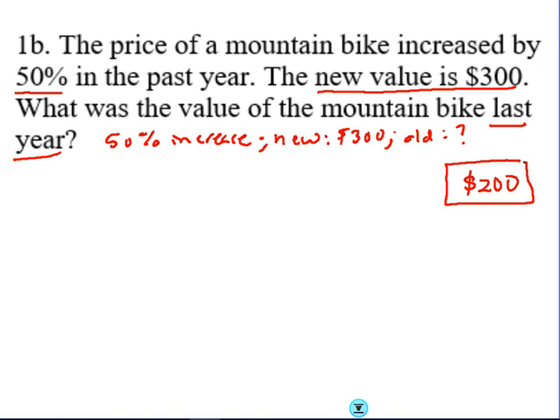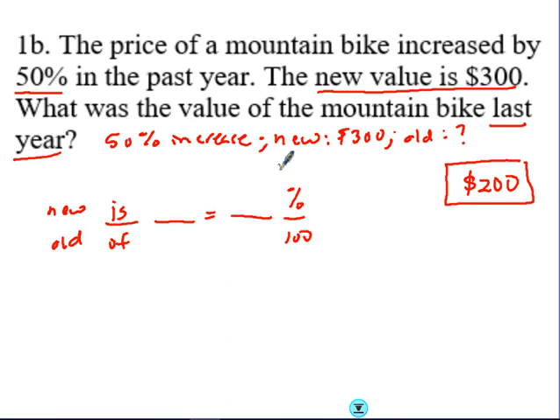All right, so again, the formula should have been is over of equals the percent over 100. In this case, since we're talking about a new value and an old value, we're going to say new over old equals percent over 100.